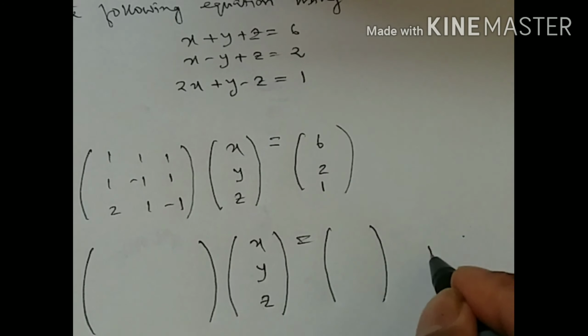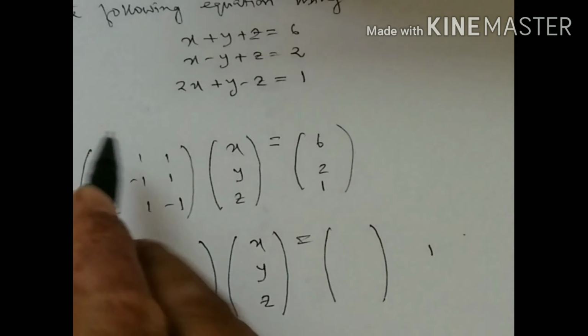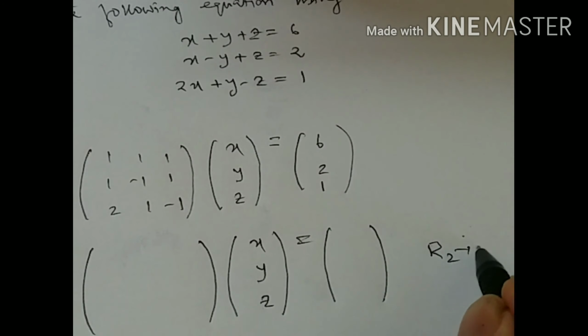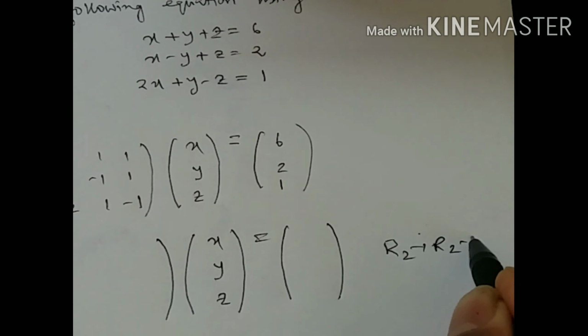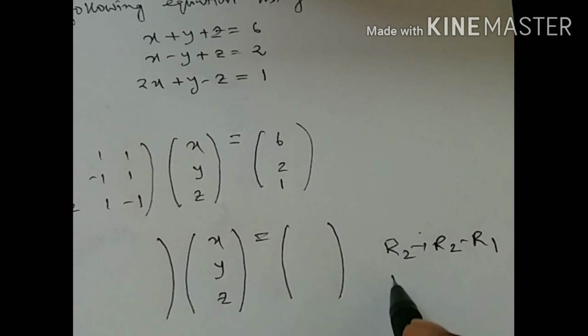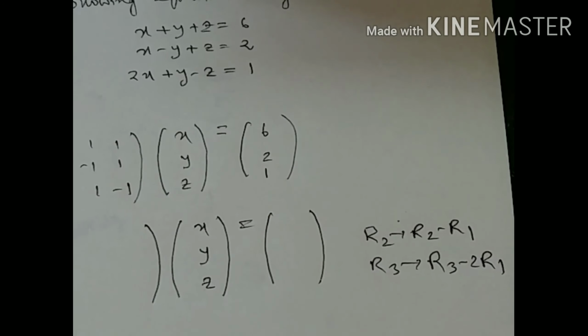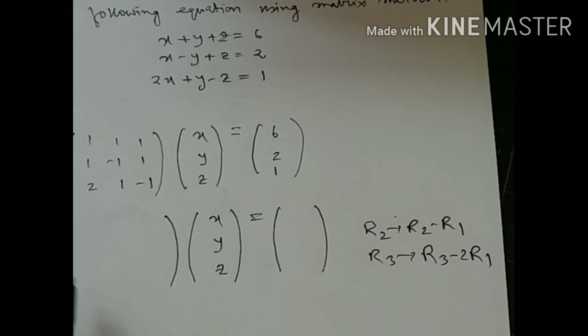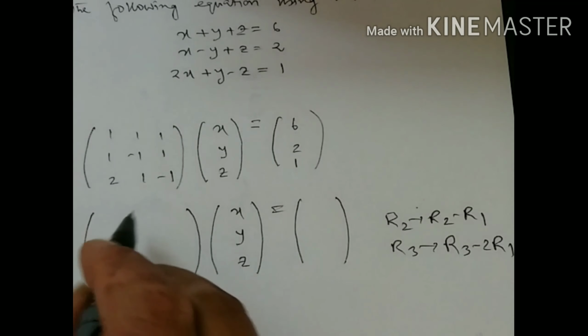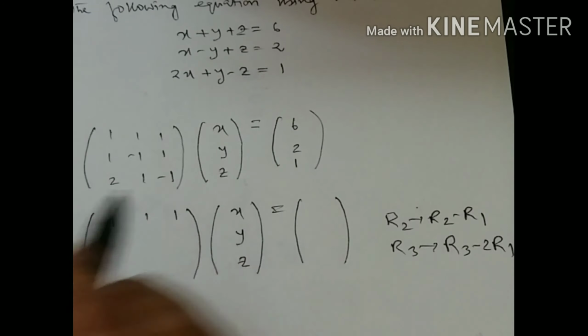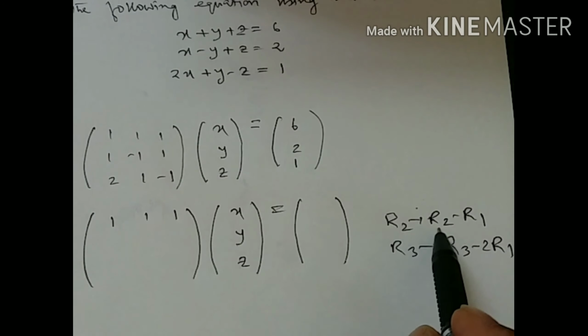So first we will make these entries 0: in row 2, R2 minus R1, and in R3, minus 2 times R1. R1 remains the same.